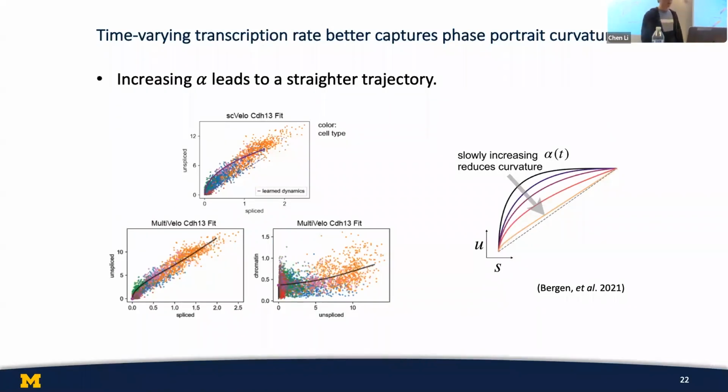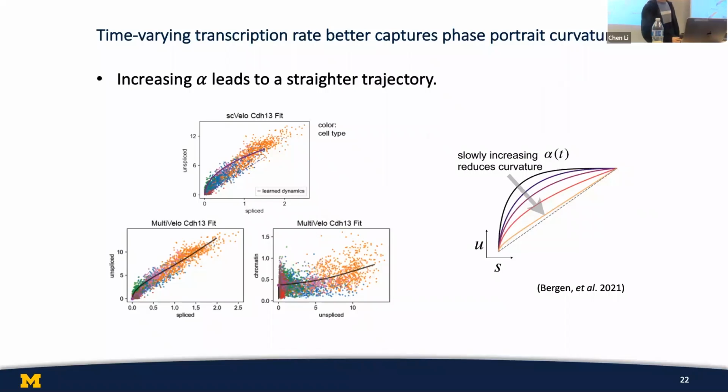This one is also a benefit of including chromatin. In a previous review paper for RNA velocity, it's shown that if we slowly increase the transcription rate, the fitted trajectory for the induction phase will become more straight, more linear. For this example gene, CDH13 in the mouse brain data set, we observe a similar pattern.